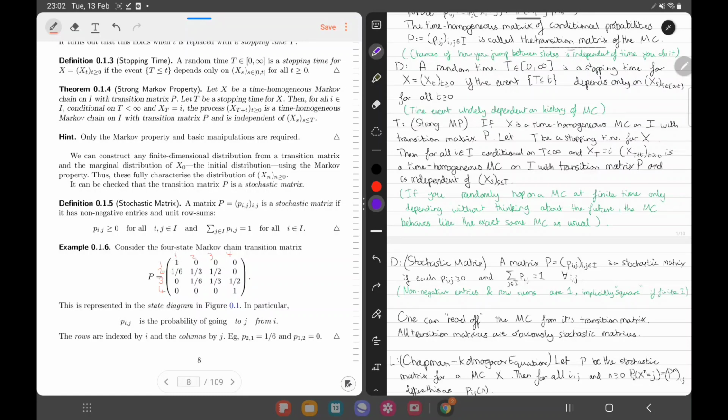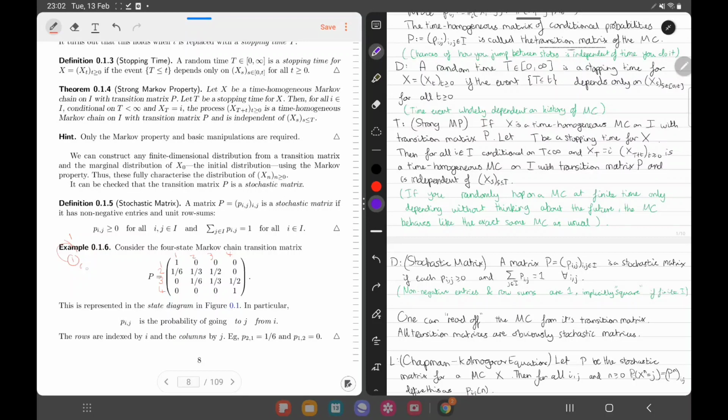The probability of me moving from state 2 to state 2 is 1/3, and state 2 to state 1 is 1/6. State 2 to 4 is 0. Probability of moving from state 2 to 3 is 1/2. So what you could do is probably diagrammatize this like this. 1. So the chances of me going back to 1 is 1. The chances of me going from 2 to 1.